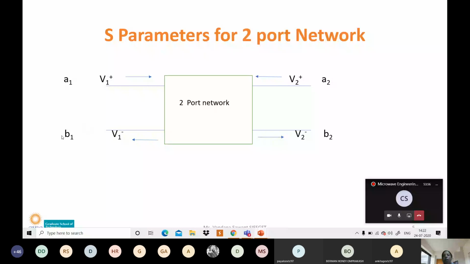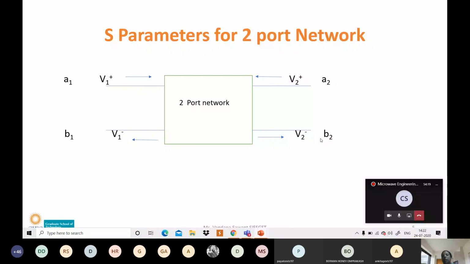Here also the same thing happens. Some of the V2 signal we input will get reflected back, and that back reflected signal is called V2 minus. The incident and reflected signals have opposite directions, and the normalized back reflected signal at port 2 is indicated by B2.